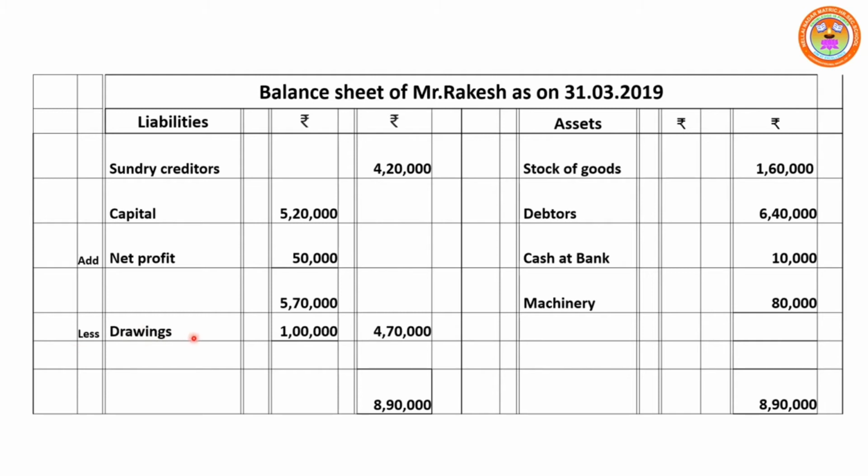The question gives 1 lakh. So 5,70,000 minus 1 lakh, 4,70,000, bring it to the outer column. So automatically while preparing balance sheet, both asset side and liability side should get balanced. Same amount total 8,90,000, liability side as well as asset side, 8,90,000.